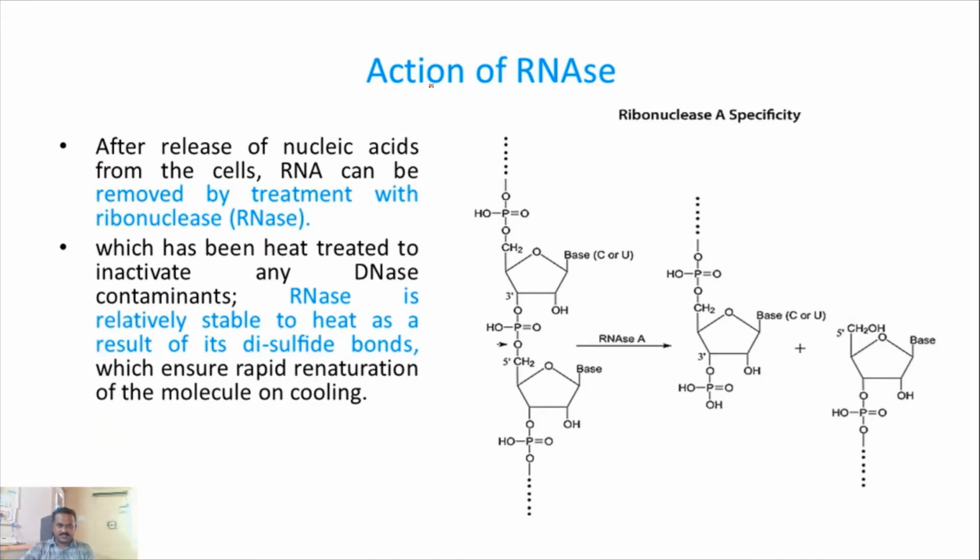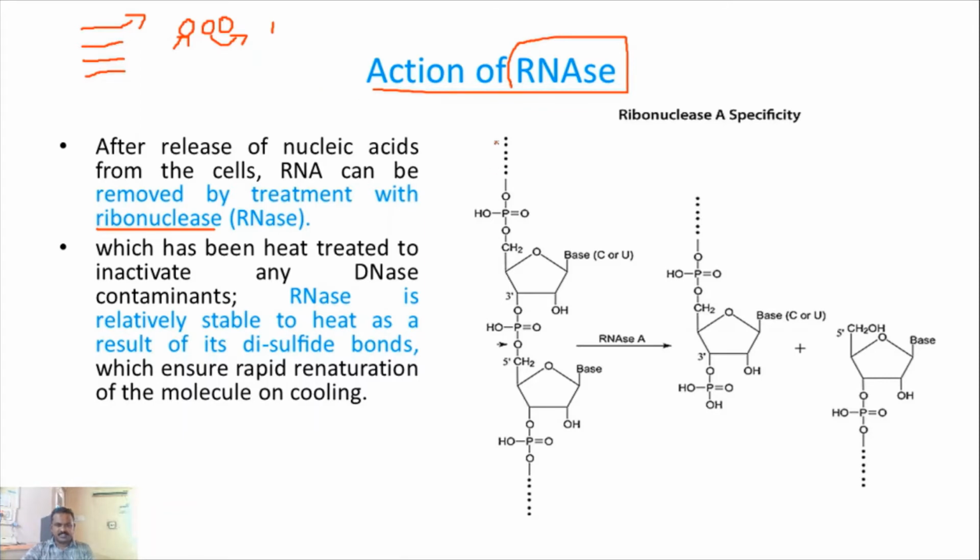One more chemical we are using is the enzyme called RNase, meaning ribonuclease. We want to remove the RNA, proteins, carbohydrates and lipids. First we remove the RNA, because RNA has a structure similar to DNA, and it is considered an impurity in the isolation and separation of nucleic acid from E. coli.